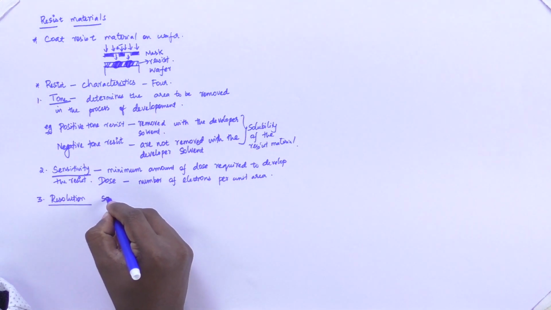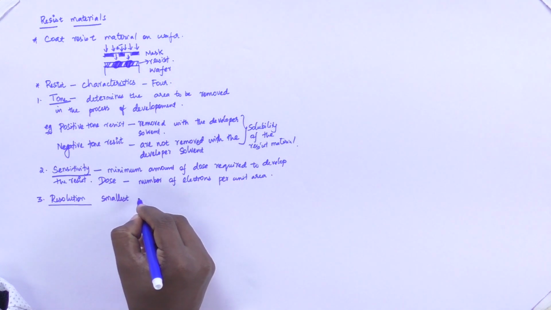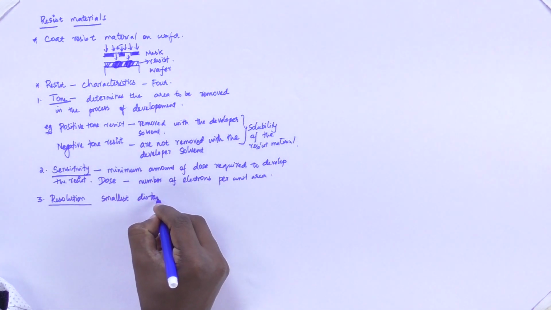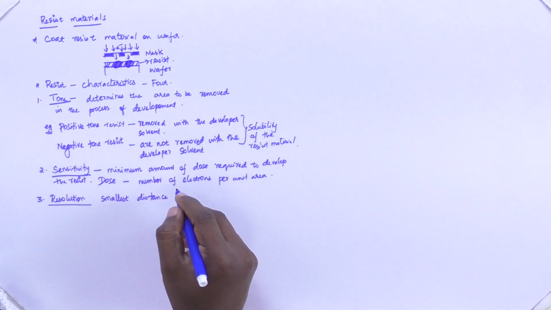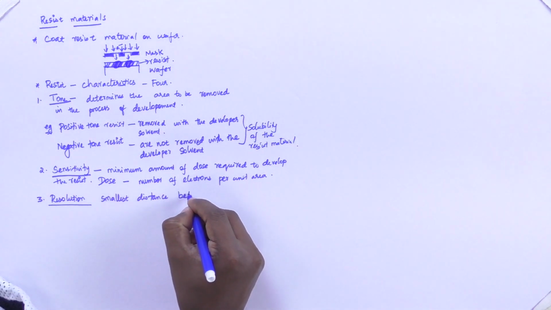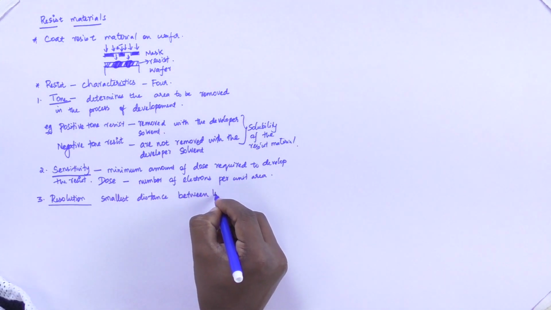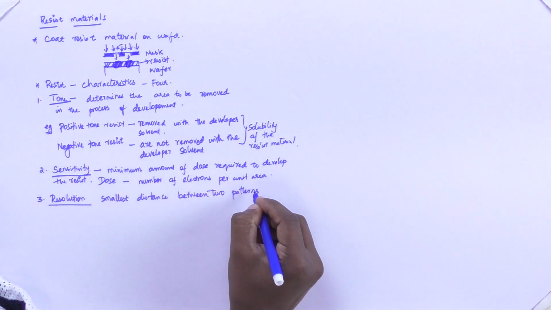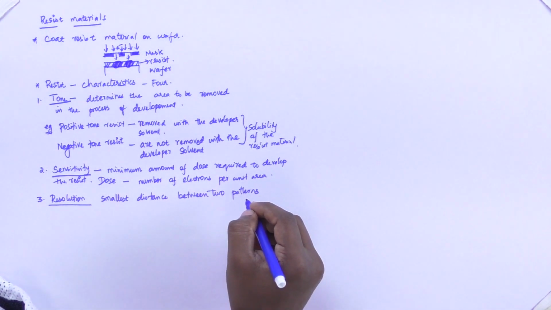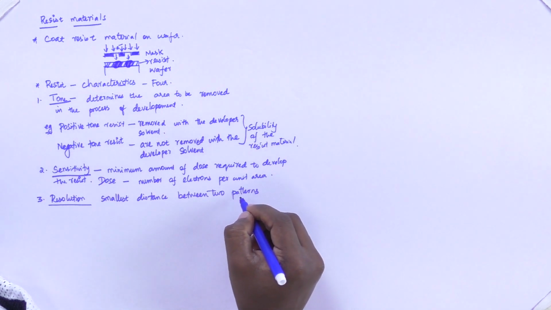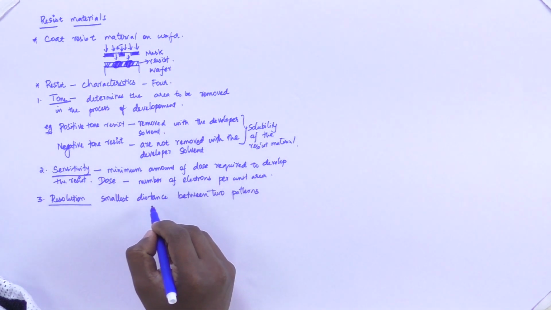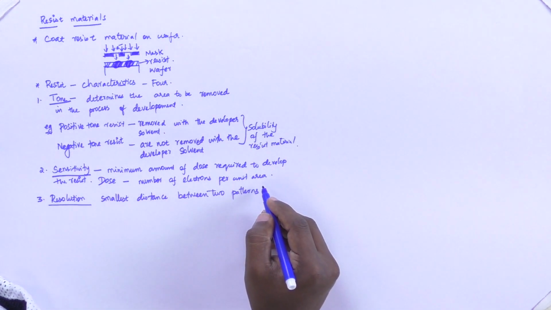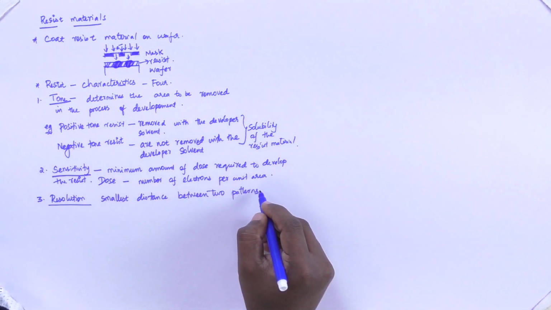This is the smallest distance between two patterns. The patterns are created because of the action of the electron beam, and the smallest distance between the patterns tells the resolution of the resist material selected.